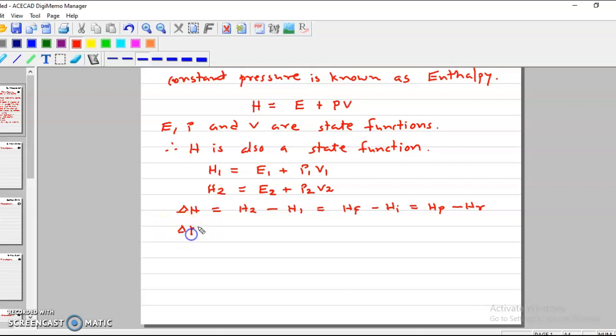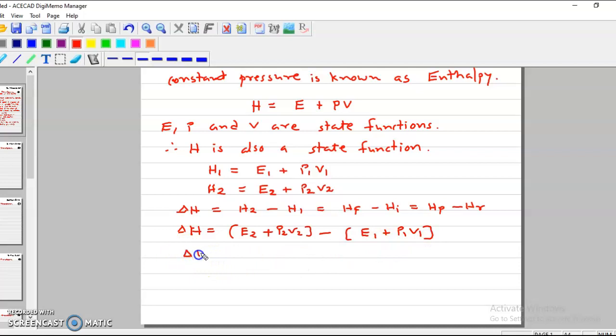So delta H is equal to, substitute values, E2 plus P2 V2 minus bracket E1 plus P1 V1.